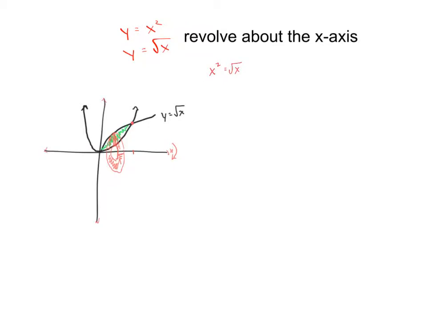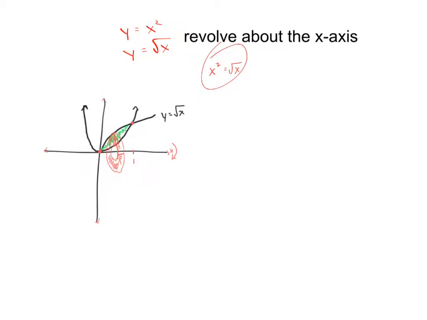You might be able to look at that and figure out when a number squared is the same as the square root of that number. It also happens over here: 0 squared is 0, the square root of 0 is 0. The other point where it happens is at 1. You could just use the solver function in your calculators if you weren't sure, or if you had something more complicated, but that is an x value of 1 right there.